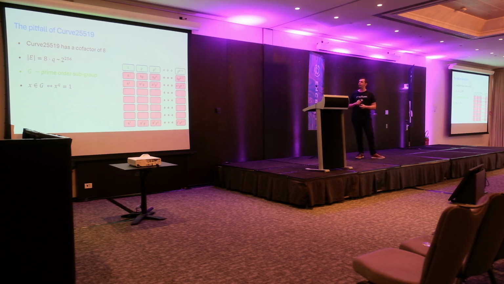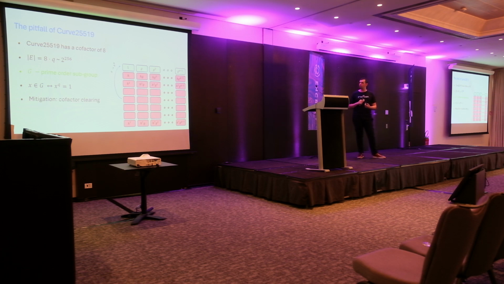So in general, if you take some 32-byte bit string, then the element that this bit string will represent is in either of these 8 subgroups, these 8 sets, with equal probability.